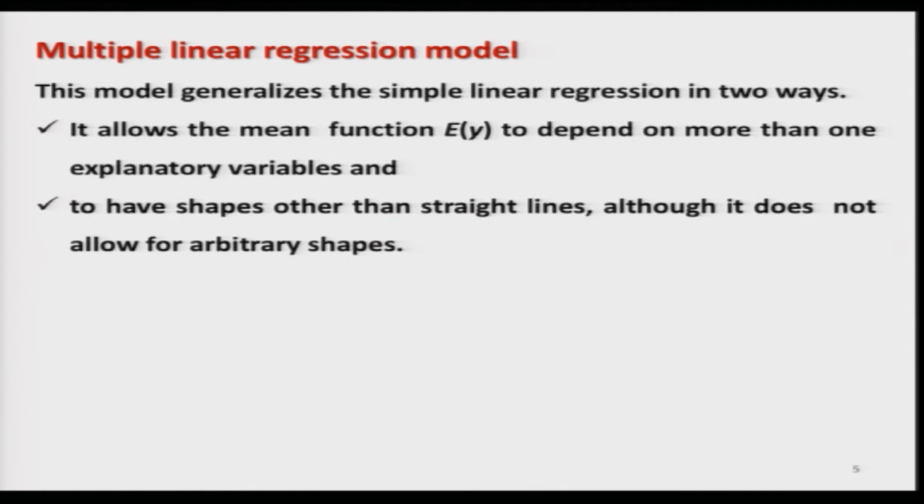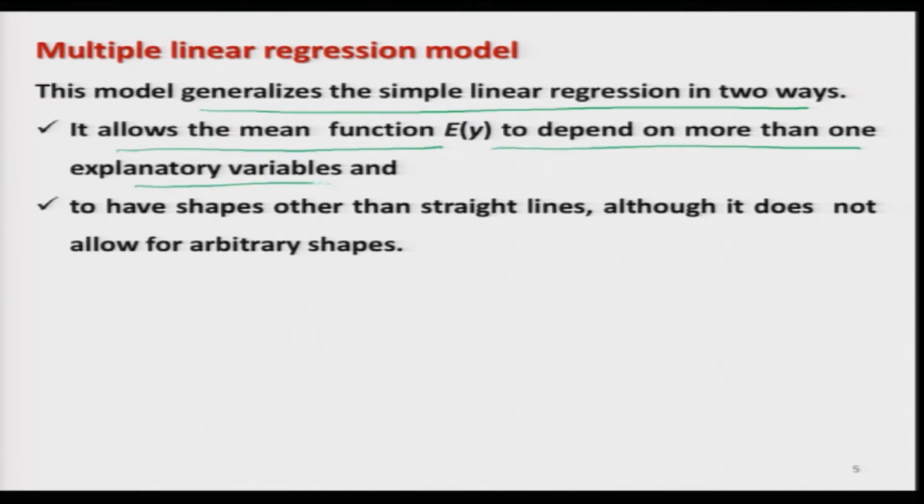Okay, so actually this multiple linear regression model generalizes the simple linear regression model in two ways. First, it allows the mean function, which is the expected value of y, to depend on more than one explanatory variable. Earlier, expected value of y was beta 0 plus beta 1 x. So, there was only one x, now there will be more than one x.